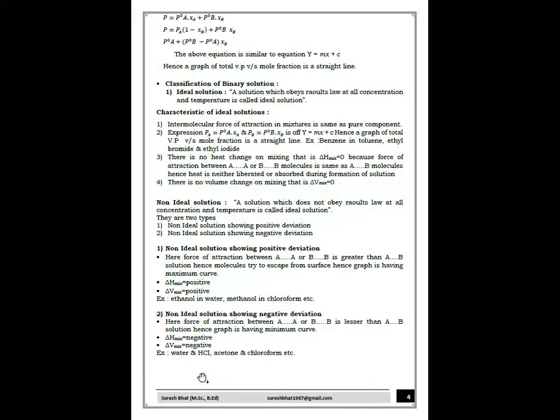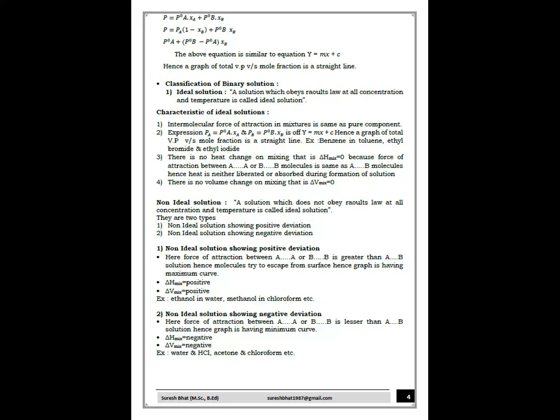Now this is all with respect to the solubility of liquid in liquid. So the key points to remember: for solubility of gas in liquid, we have the statement given by Henry, and its application and expression. For solubility of liquid in liquid, we have the statement given by Raoult's law and its expression.